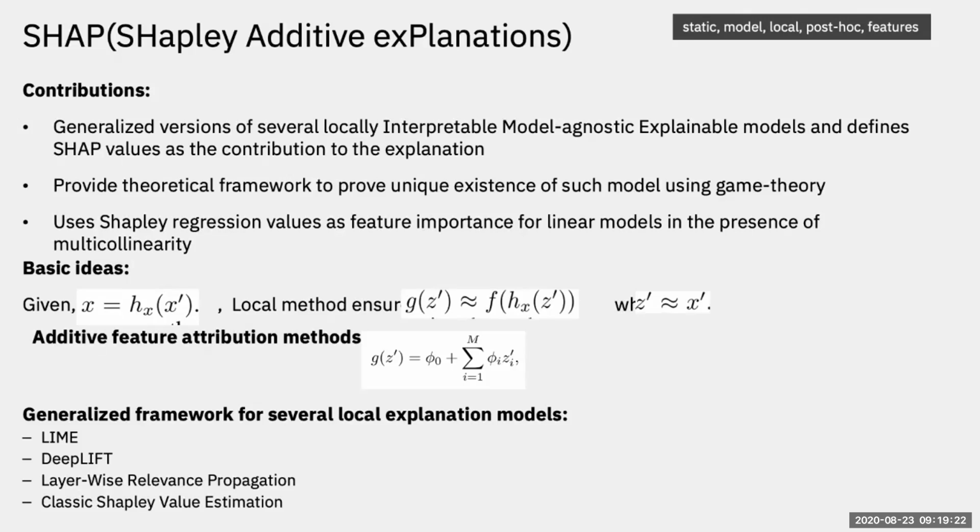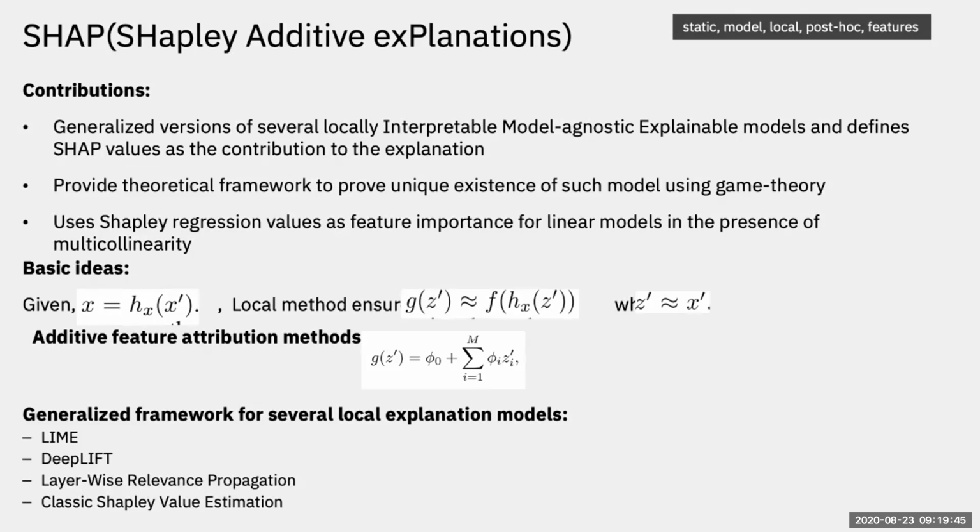So SHAP basically generalizes it into an additive feature attribution method, which is a linear weighted summation of all the feature components zi, where m is the dimension of this feature domain z.